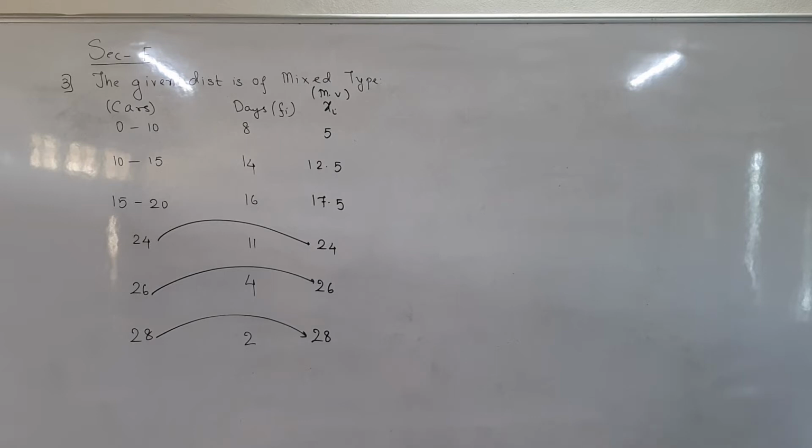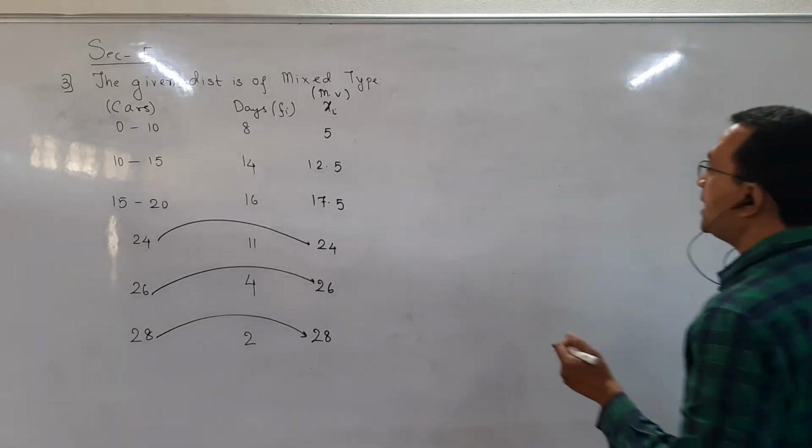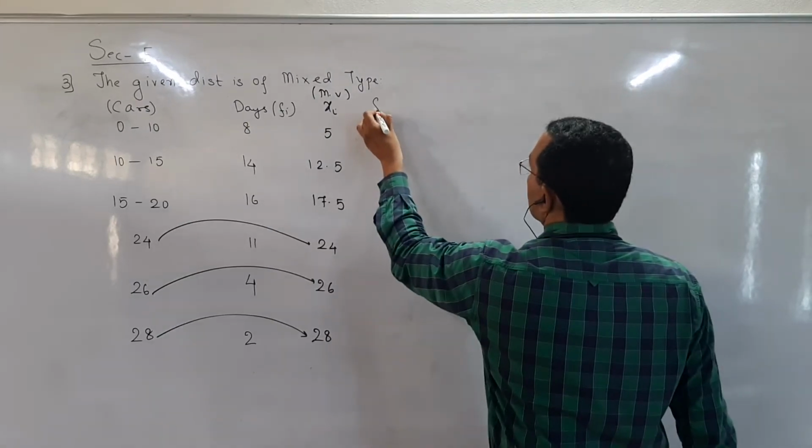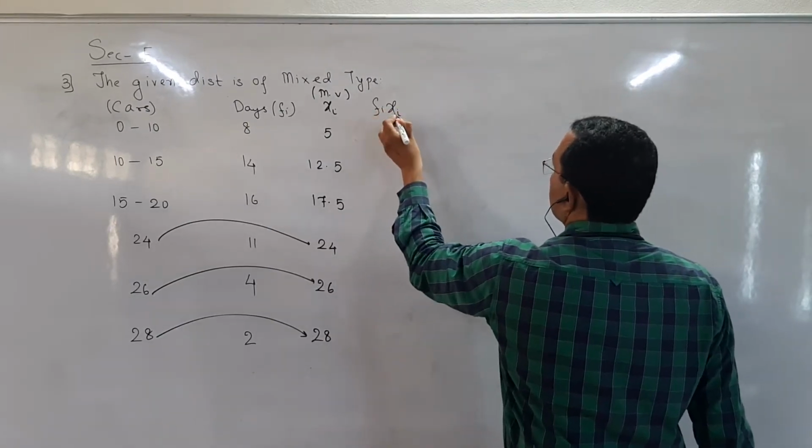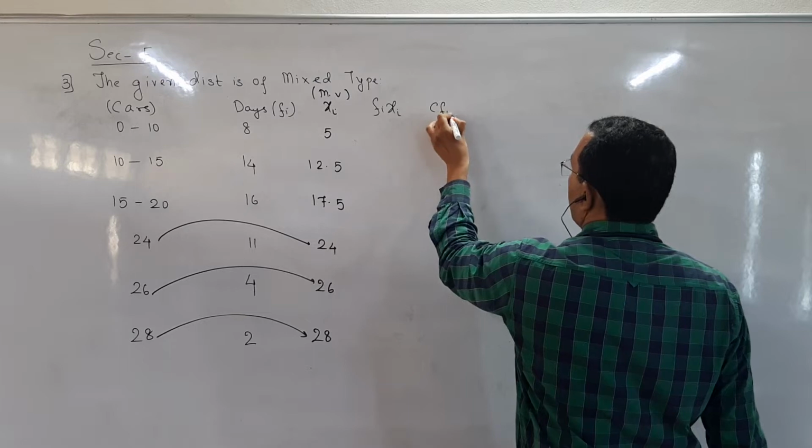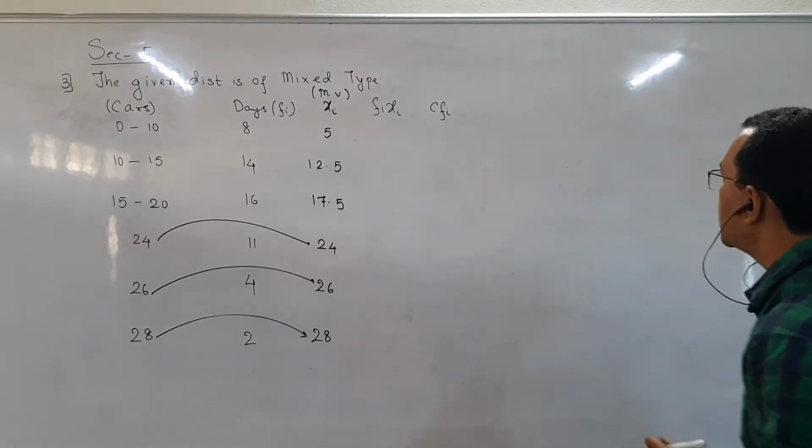Students, you have to remember and memorize: mid values of discrete observation remain the same. Now to find mean, I make the column of fixi, and to find median, I make the column of cfi.